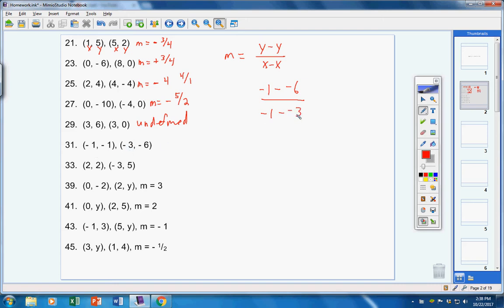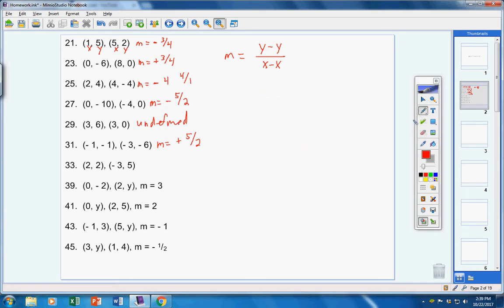Alright, so negative makes the 6 positive, negative makes the 3 positive. -1 plus 6, that's a positive 5. -1 plus 3, that's a positive 2. A positive over a positive is positive, and 5/2 cannot be reduced, so your slope is positive 5/2.